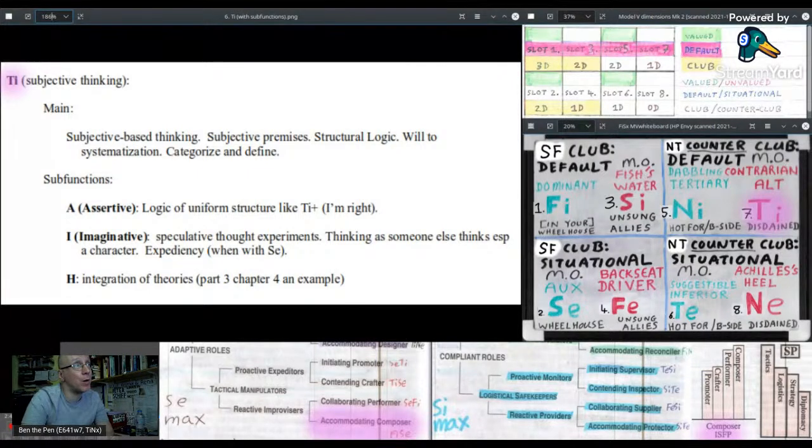Whereas the reason why Socionics will call TI structural logic is because, well, that's bias from alpha NT, as in typology. With the strategic intellect and the constructing intellect, the INTPs and ENTPs are sort of using TI to construct models.